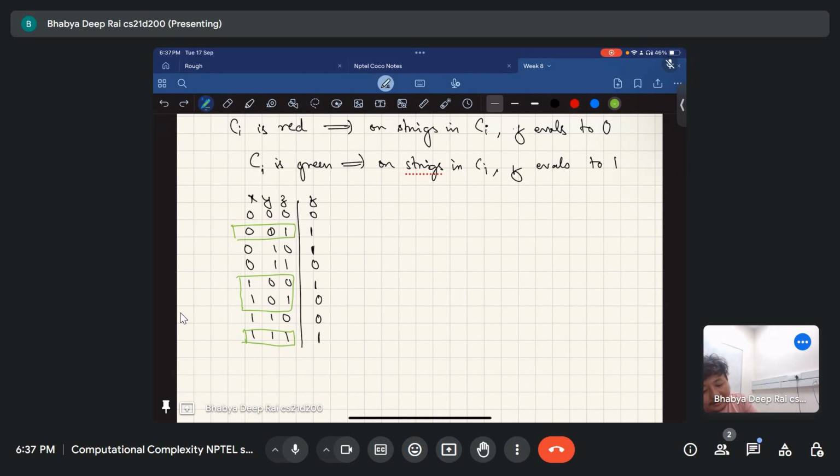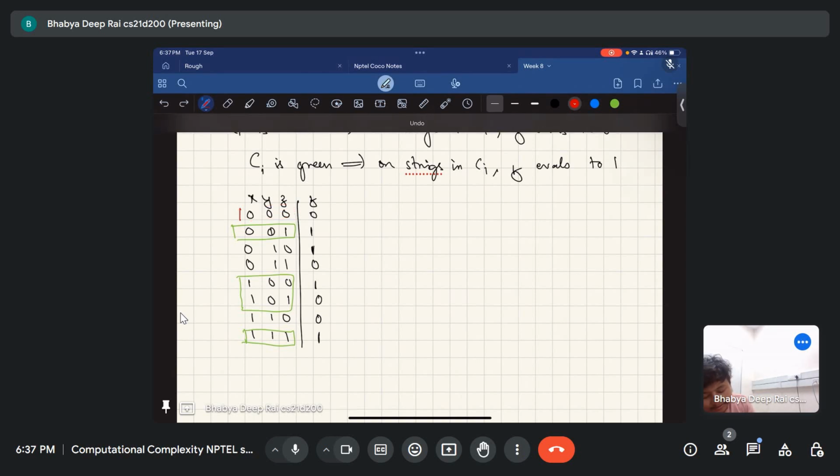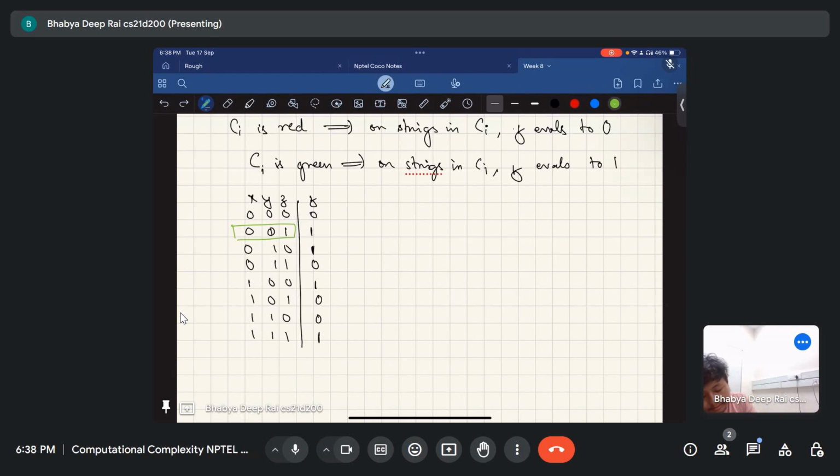And the remaining, color them blue. Okay, I made a mistake, sorry. This is colored green, this is colored green, this is colored green. The remaining red, red, red.